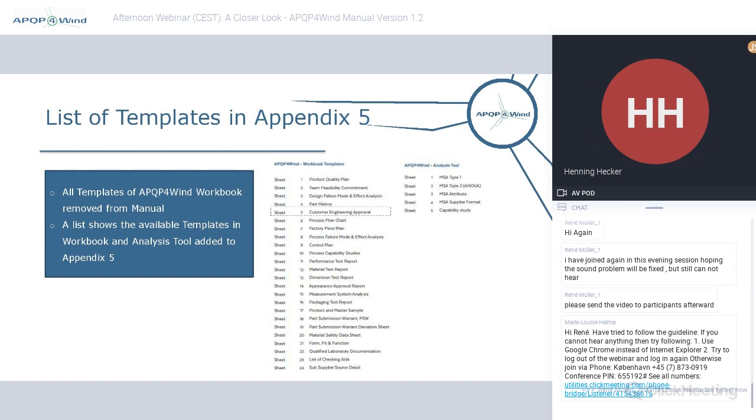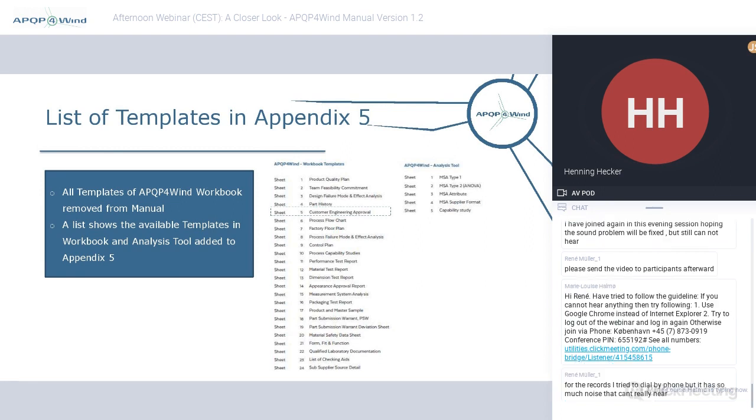And what we did, we removed all other templates out of the manual, because in case we have some changes, for example in the workbook, we always had to align the manual to it. So that's why this decision was made: get all the templates out of the manual, because they are available in the workbook.